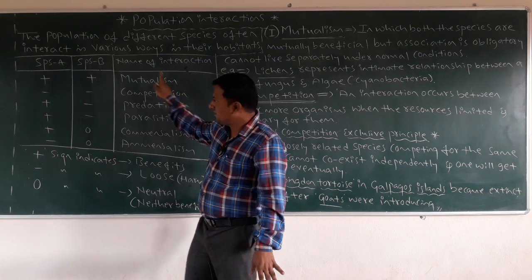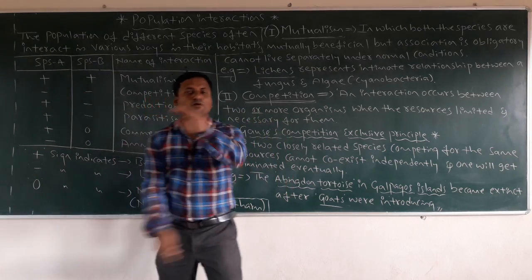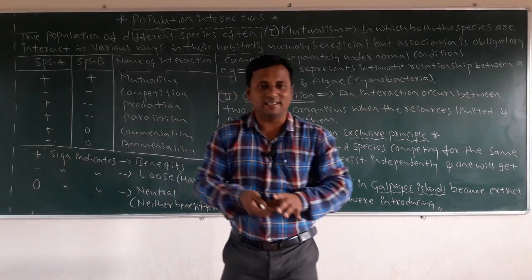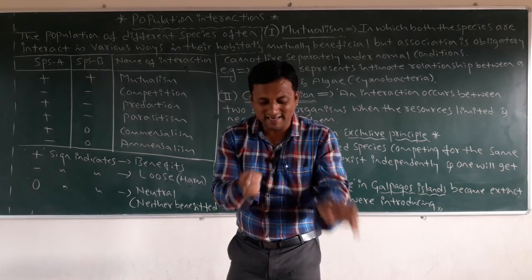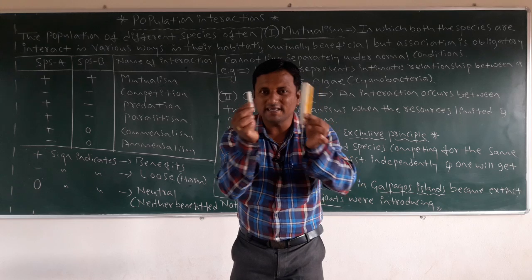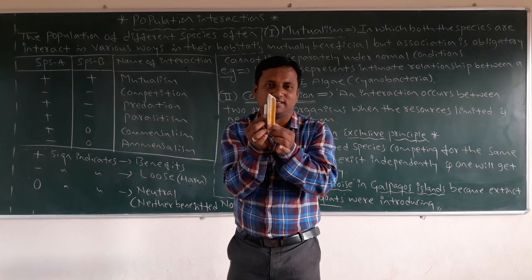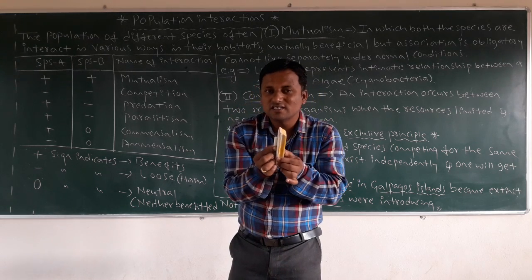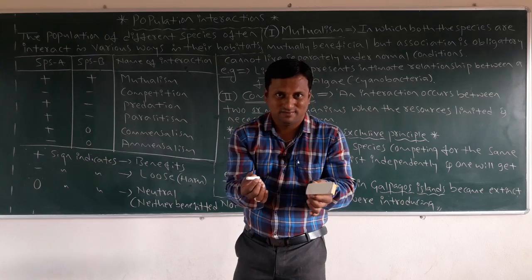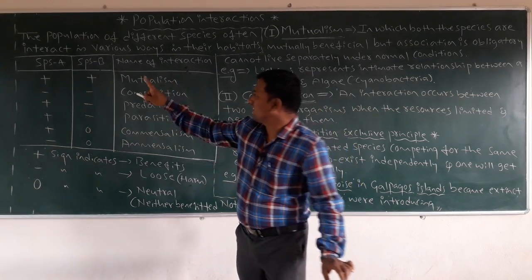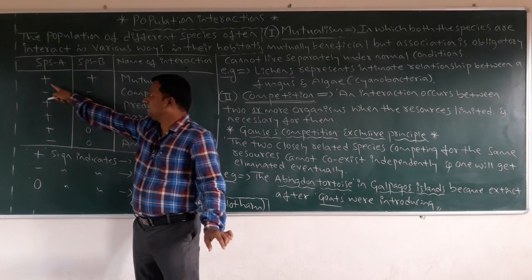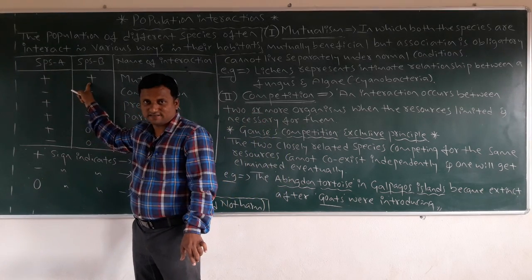In mutualism both species, A and B, get benefited. No one loses, no one is harmed, neither is neutral. So in mutualism the sign is plus plus.